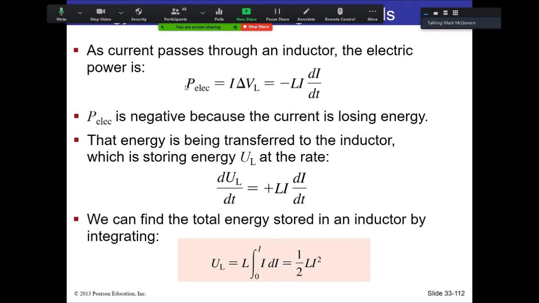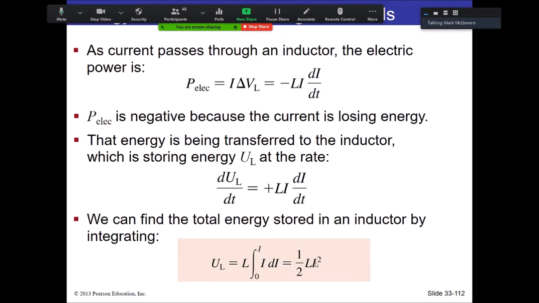All right, well, the definition of power is the change in energy over time. That energy is the potential energy of the inductor. And so we have this beautiful equation right here, a real simple differential equation, nothing fancy. Separate your differentials here, integrate from 0 to I. So this is going to be the energy that is stored in the inductor as the current increases from 0 up to some value, which we'll just call I here.